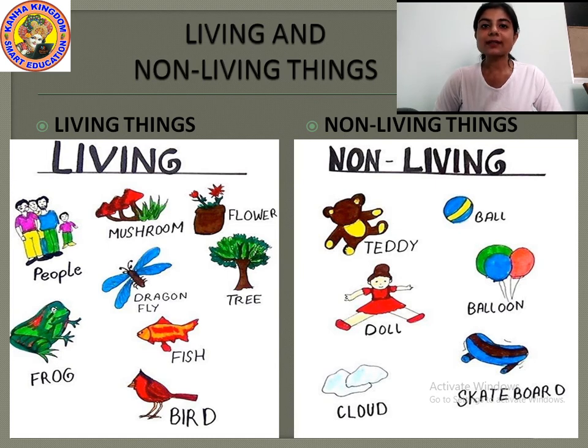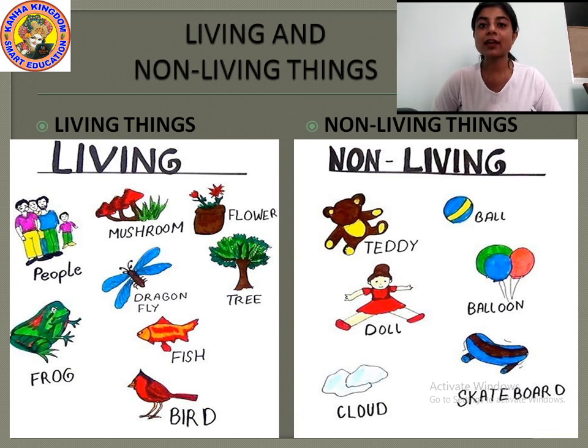What are living things? Living things are those which have life. The things which have life are called living things. And what are non-living things? Those which do not have life. Non-living things are those which do not have life.